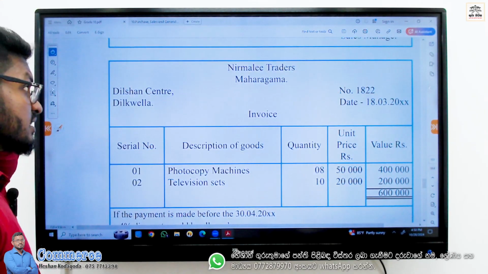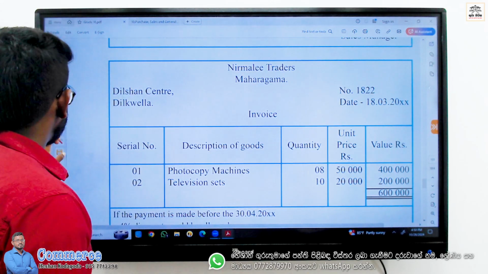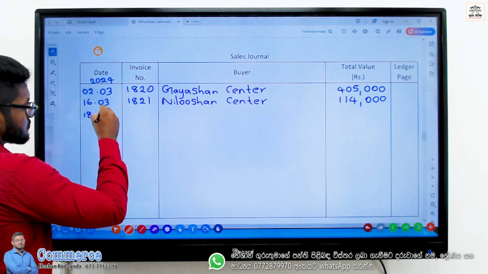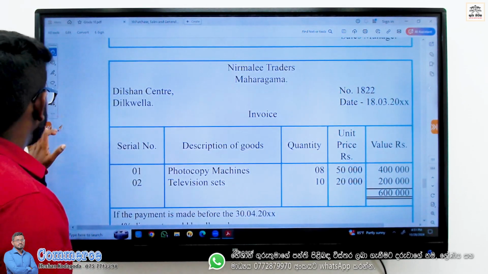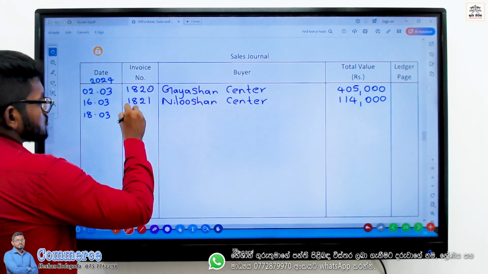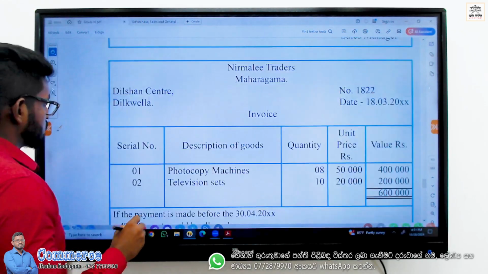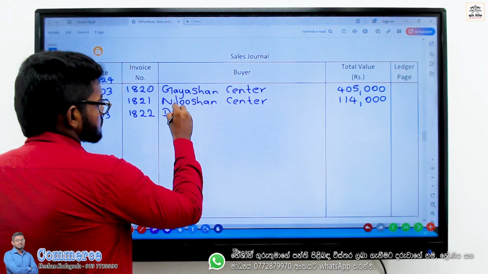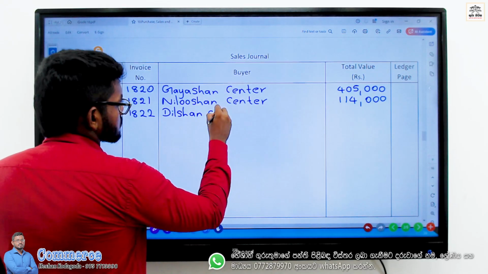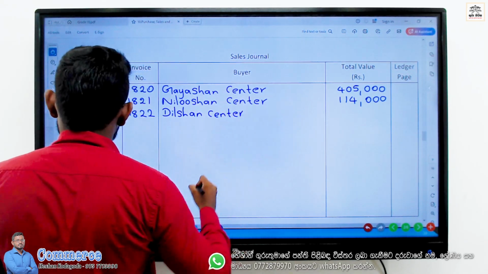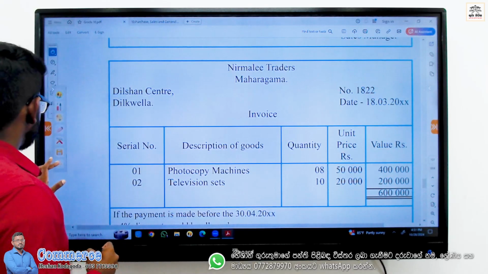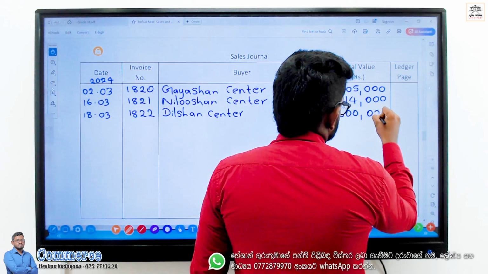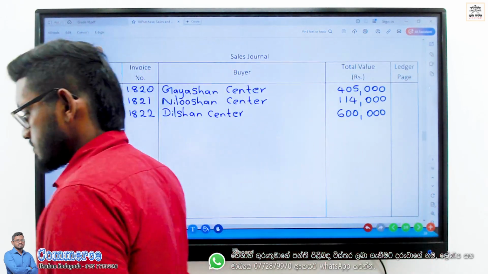Third one is Dilshan Center, 18th of March. Invoice value 1822, Dilshan Center, value is 600. Right?